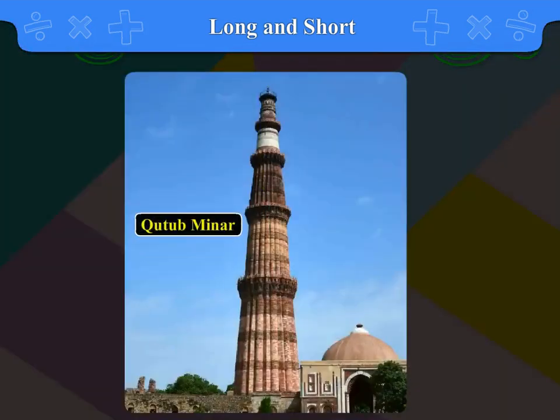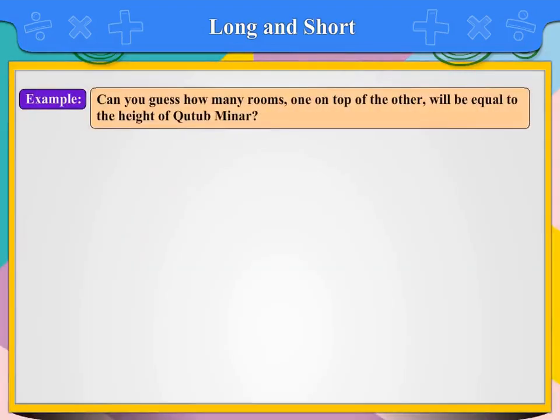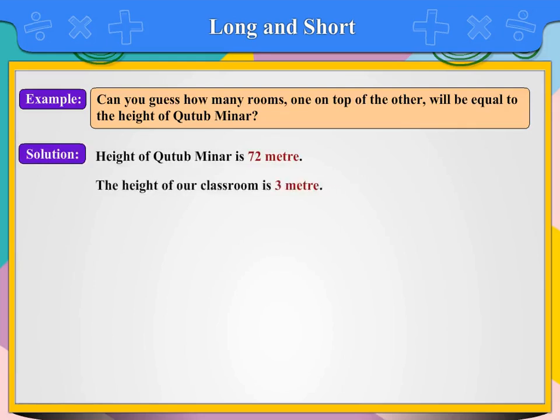Have you seen Qutub Minar? It is very tall. The height of Qutub Minar is 72 meter. Example. Can you guess how many rooms, one on top of the other, will be equal to the height of Qutub Minar? Solution. Height of Qutub Minar is 72 meter and the height of our classroom is 3 meter.